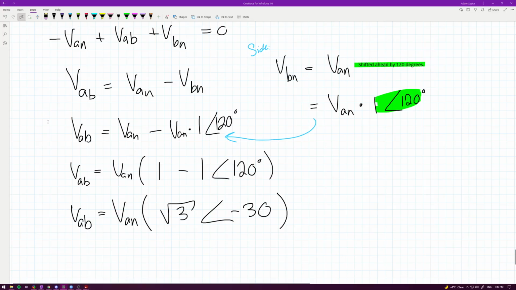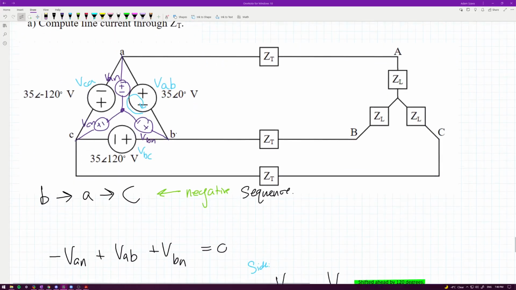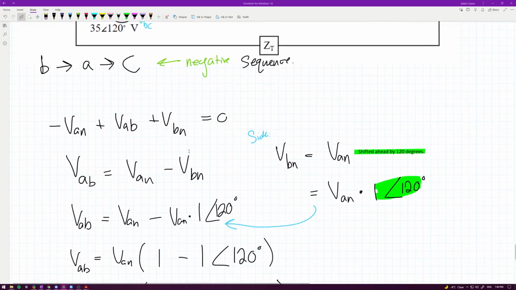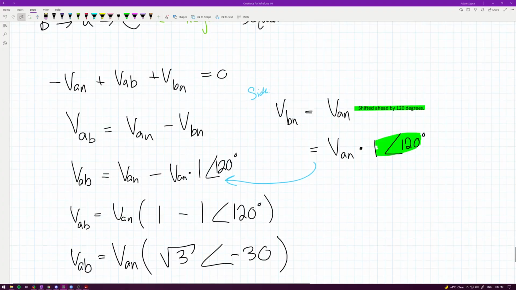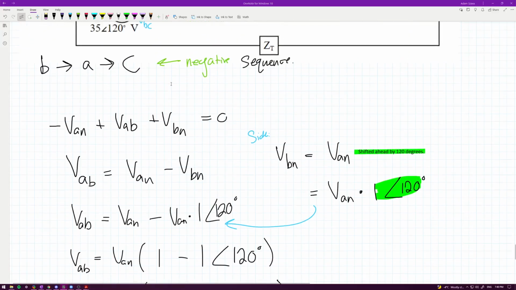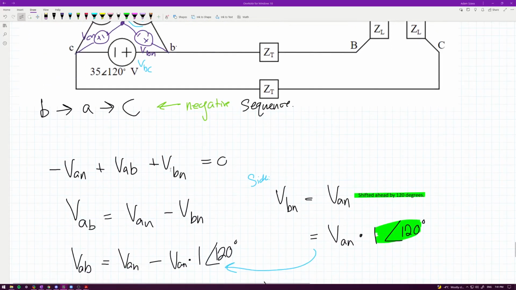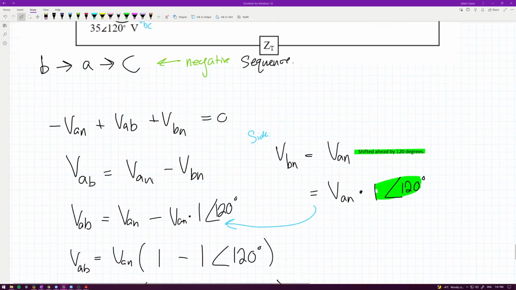We were going from a delta to y, and we were looking for line voltages. I think VAB equals VAN plus VBN. No, VAN minus VBN.